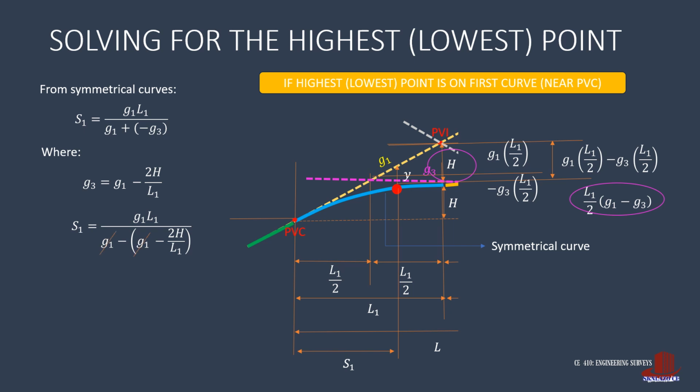G1 then cancel out to have S1 as G1 L1 upon 2H over L1. Place the denominator of the denominator up to have S1 as G1 L1 squared over 2H. In similar pattern, we can deduce the function for S2 to be G2 with the square of L2 upon 2H.